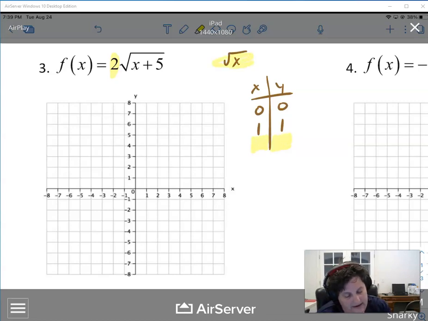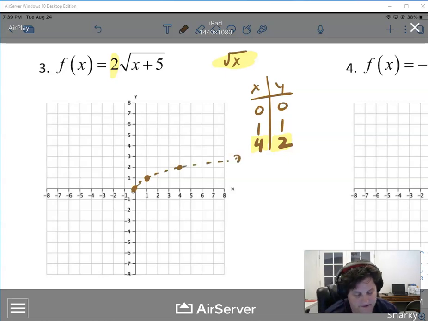What number can I take the square root of? Hopefully you chose 4, 2. The square root of 4 is 2. So here's my point: 0, 0, 1, 1, 4, 2. I can make that a little dotted.